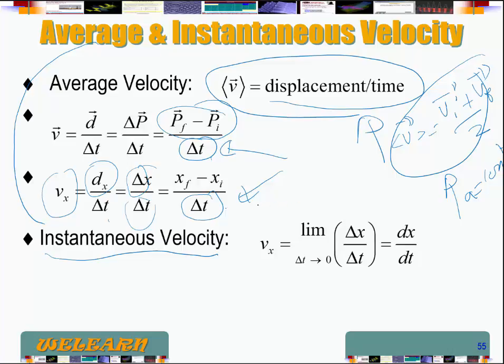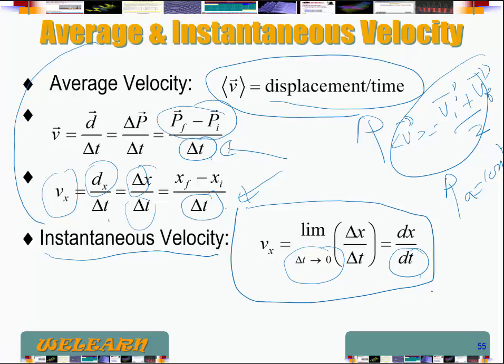Or mathematically speaking, instantaneous velocity is the velocity that we have when we go to the limit of delta x over delta t, the limit when delta t goes towards 0. So the smaller delta t gets, the more instantaneous our velocity gets. So an instantaneous velocity is an average velocity over a very, very short time.